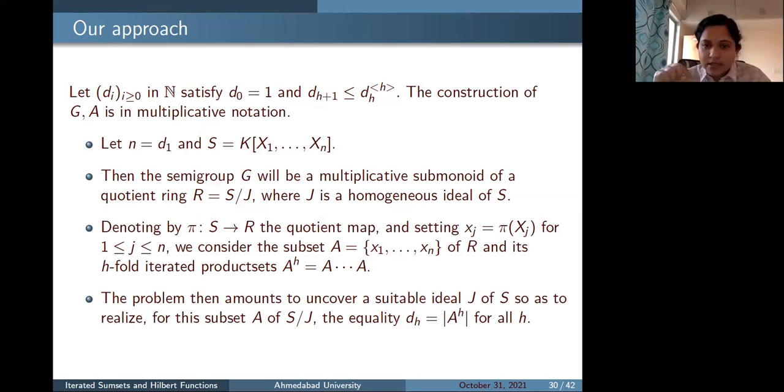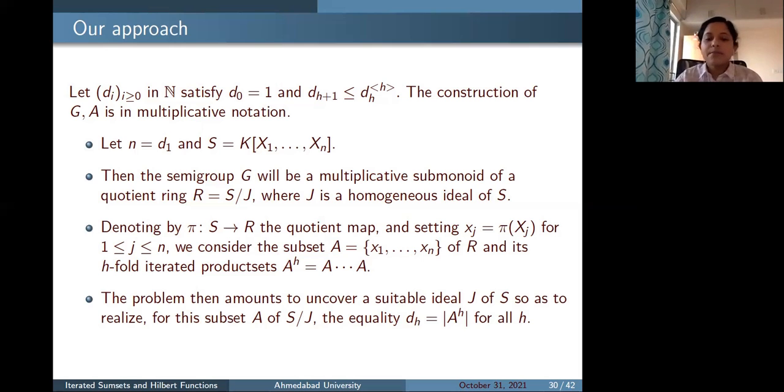Then I will consider the subset A to be equal to {x_1, ..., x_n}, and its h-fold iterated product set will be A^h, since I am using multiplicative notation here. So I will consider A^h to be the product of A's, h times.